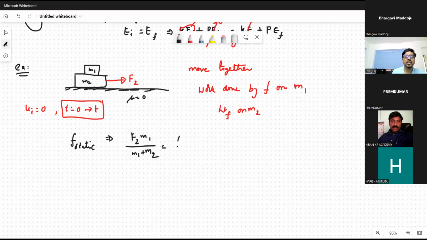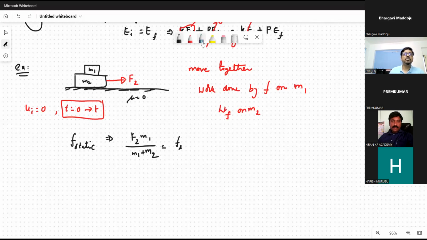So when we discuss static friction, I'll give you how to get this formula. Directly you can write it, just by looking at it. How do you do it? First find the acceleration. F2 by (M1 plus M2) will be the acceleration because they're going together. In order to get the same acceleration for M1, you apply Newton's law, you'll get the static friction.